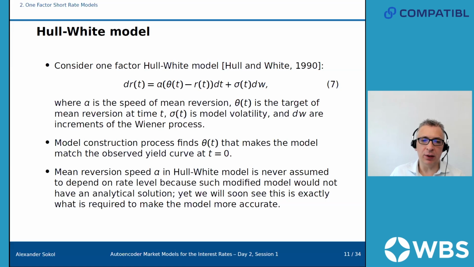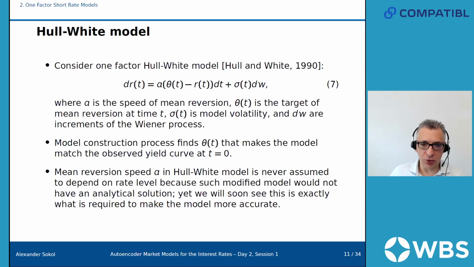But it's never assumed to be dependent on rate level, because that precludes the analytical solution, so it breaks the assumptions made in the analytical solution. And one of the good things about the Hull-White model is that you can solve it analytically. So people don't do that, because you lose the analytical solution.